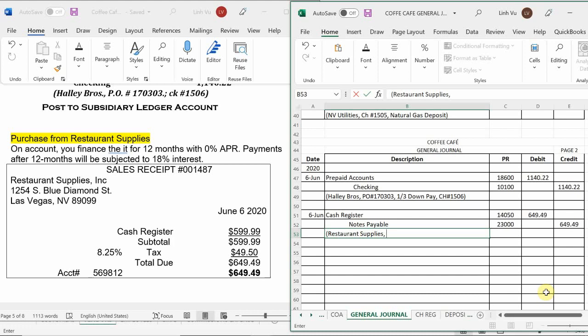I didn't use a check to pay for this. What's the proof that a transaction had happened? With sales receipt number 001. Good, right? So again, I'm just going to go SR number 001487. Okay. And what else? I'm going to even put my account number here. Number 569-812. Okay.